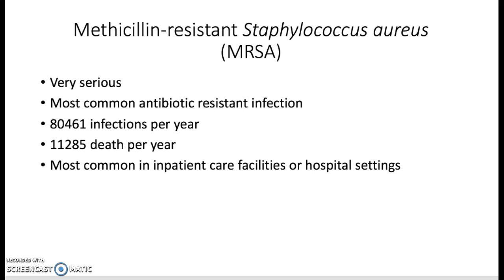The most common places of infection are inpatient care facilities or hospital settings. However, in most recent times, there have been some cases of MRSA in the community setting, though it is not as common as in hospitals.